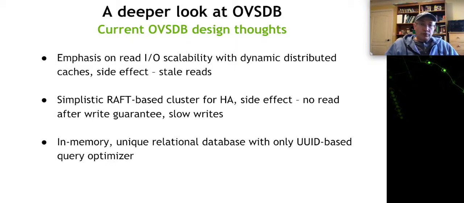In general, OVSDB is a very unique in-memory relational database with certain consistency constraints and guarantees, which can only do optimized queries when UUID is used, and in all other situations it will fall back to a linear scan.